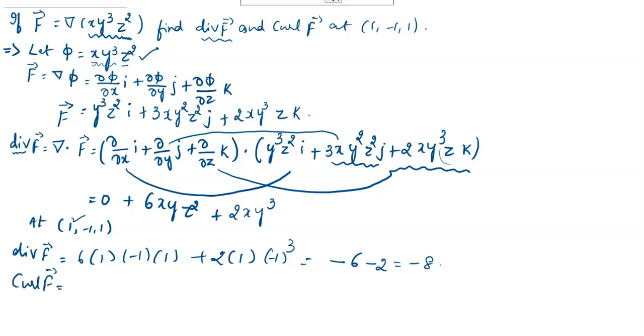Same thing, we have to find the curl of f vector. The symbolic representation of the curl is nabla cross f vector.